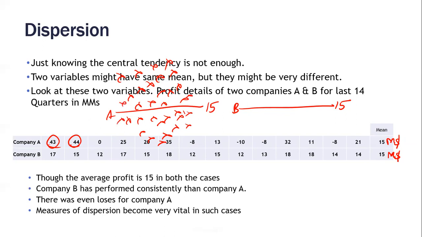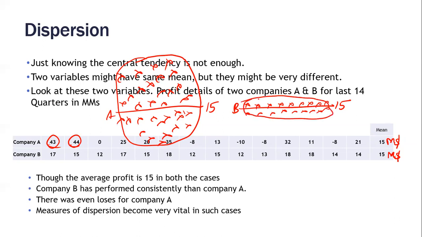Though the average is 15, company A has more spread in the data, whereas company B is precisely always around 15. For company B, there is less spread in the data. However, by looking at the mean value, I cannot get an idea on the spread because the mean is the same for both the companies.